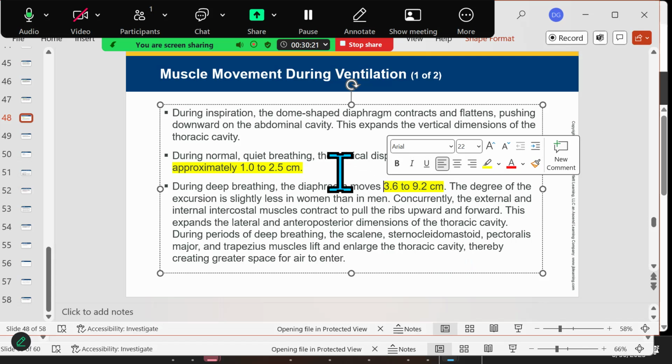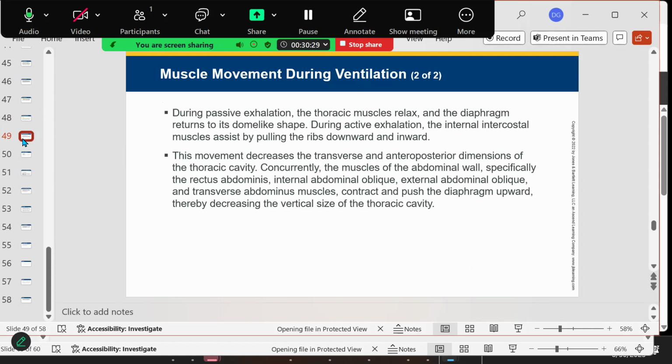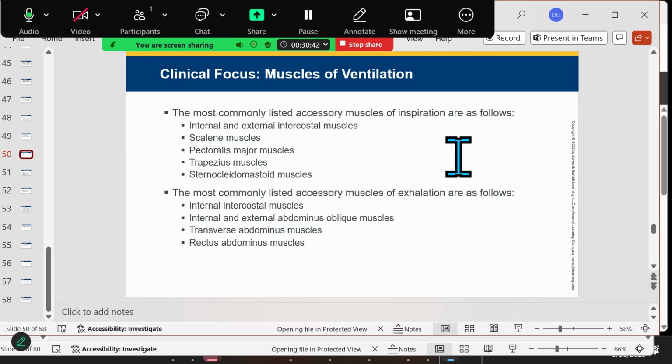So normally the diaphragm only moves a very short distance and uses very little energy to breathe. Passive exhalation is what normally happens, and we don't have to put in a lot of effort to that, but we have that ability to kick it in, and to breathe out much faster.